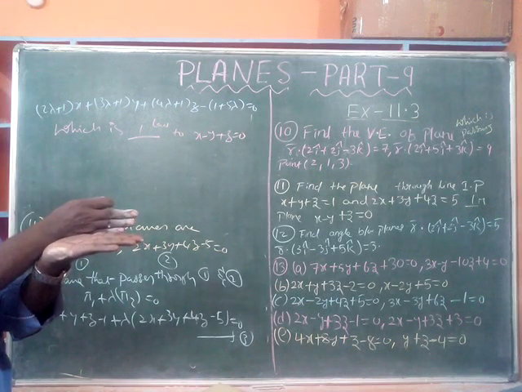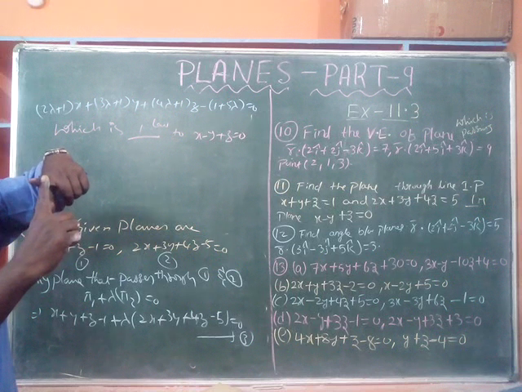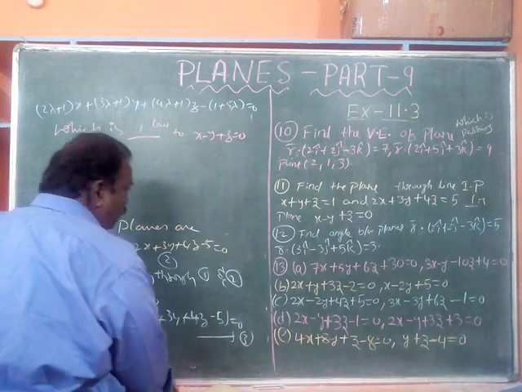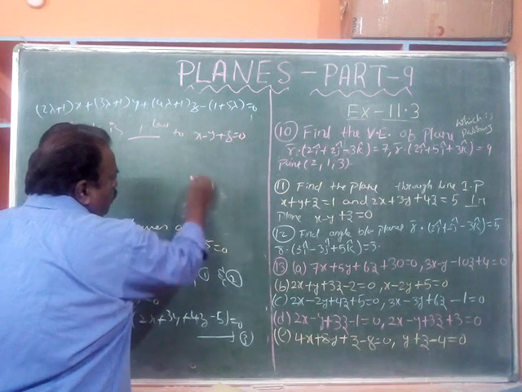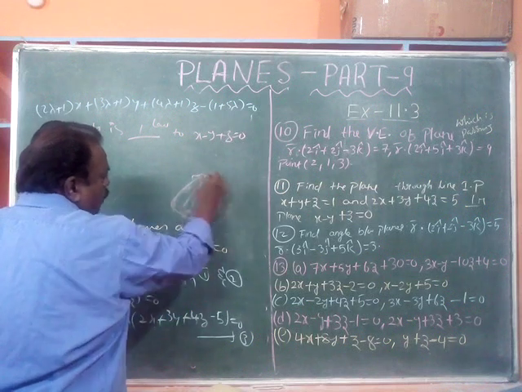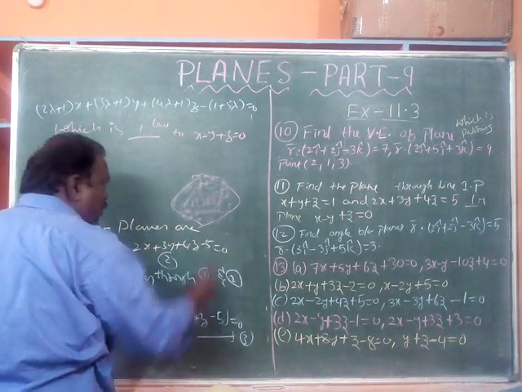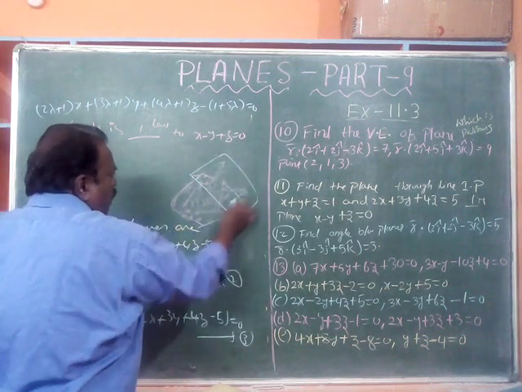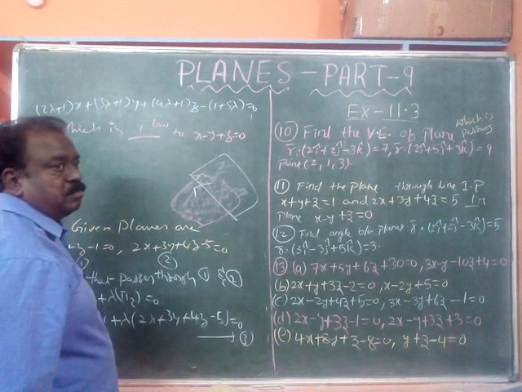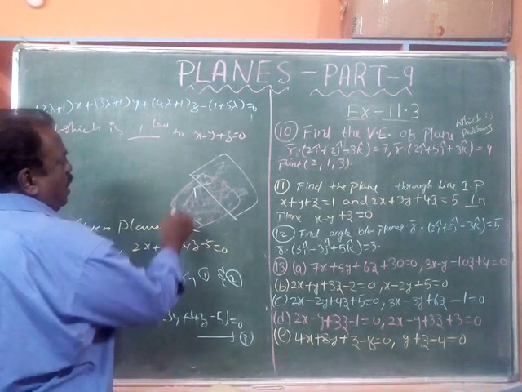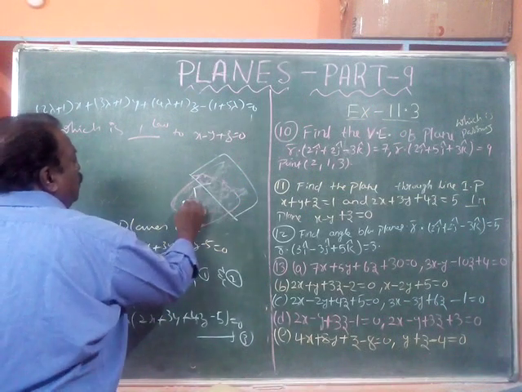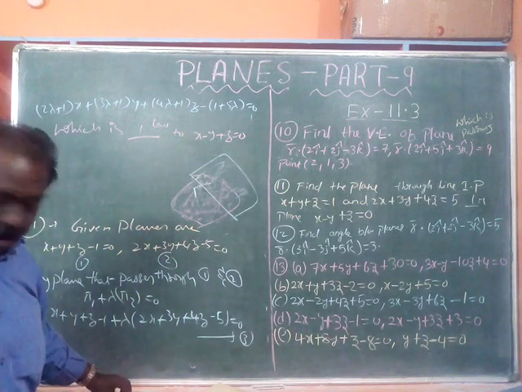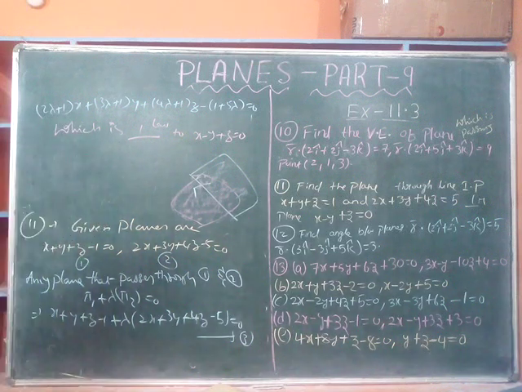If planes are at right angles, then their normals are also at right angles. Suppose this is a plane, another plane is like this. In two dimensions it is not possible. I will tell you clearly.